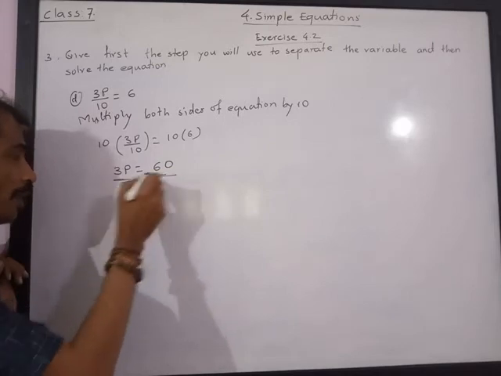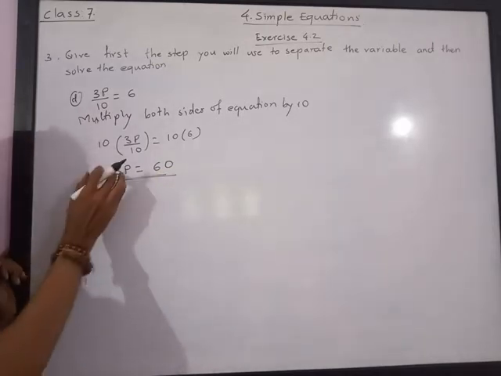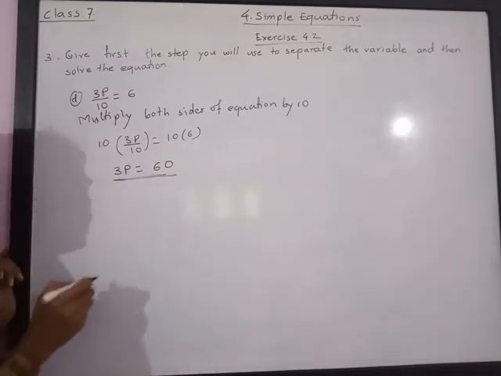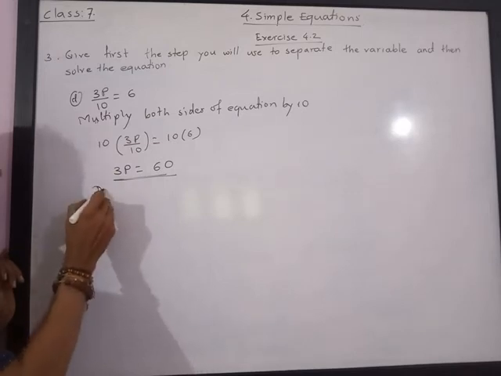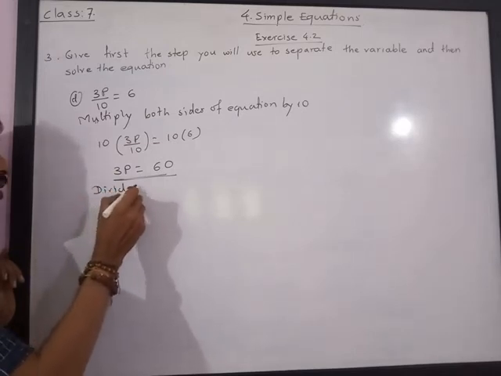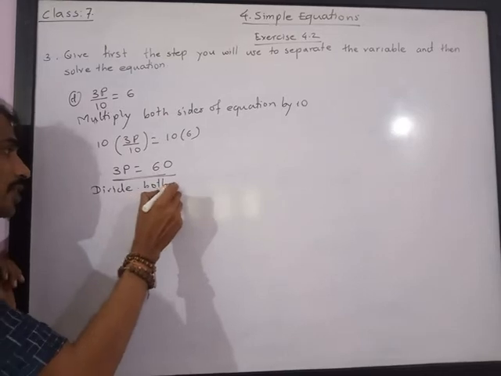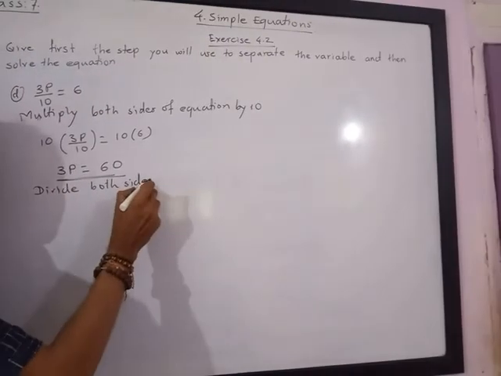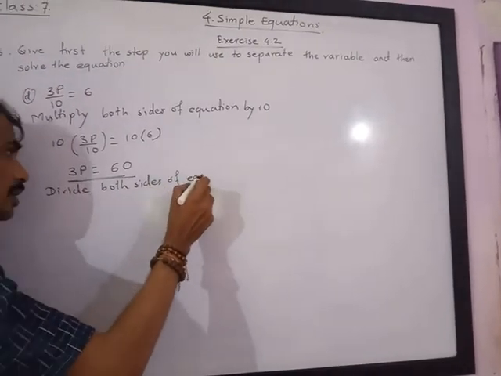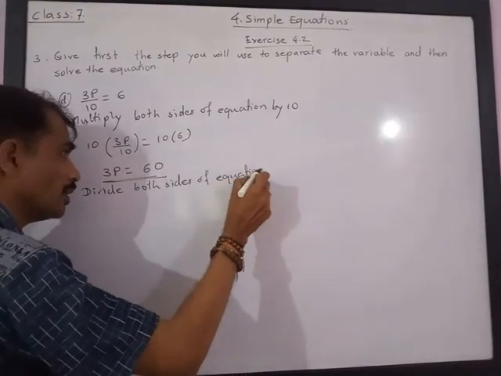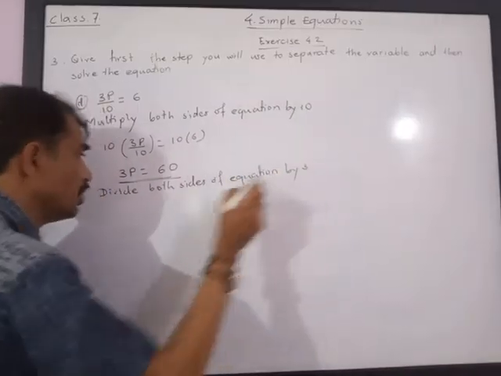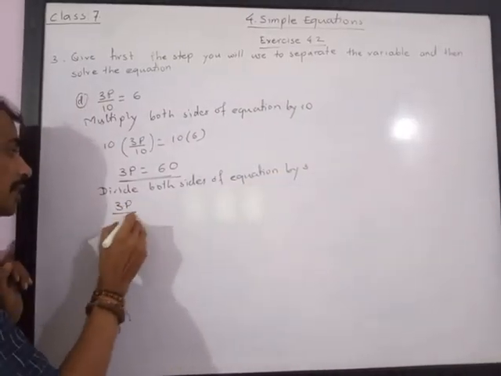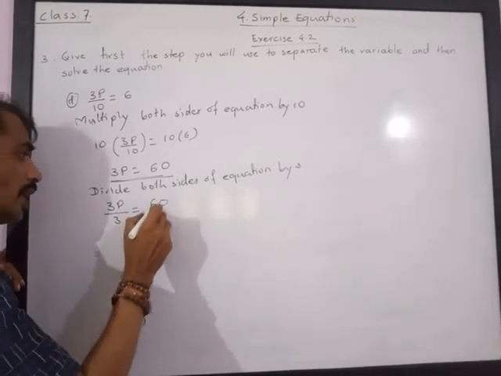Now such type of problems we have solved earlier. We know what we have to do. Here 3 is multiplying p. So we have to do the opposite operation with the same number. Divide both sides of the equation by 3. So you will get 3p divided by 3 is equal to 60 divided by 3.